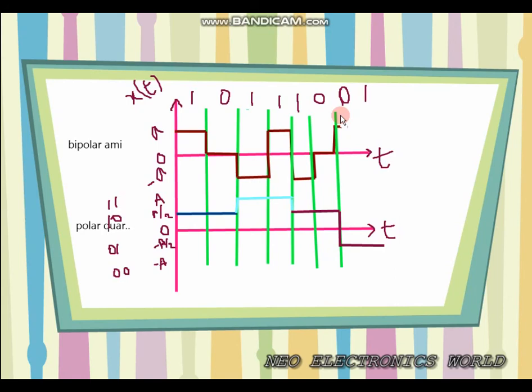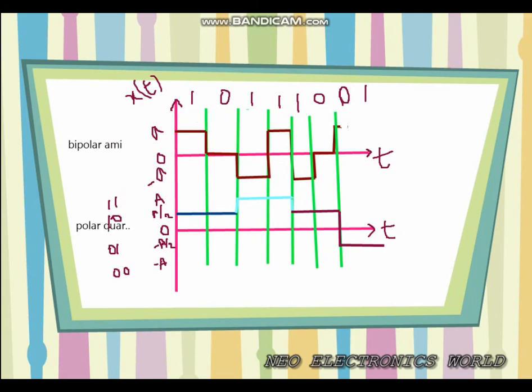From this you'll be able to write the power spectral density of the line codes. It's very easy. Just write the amplitude for getting 1 and the amplitude for getting 0 for the signal x of t. That denotation is known as the power spectral density of the particular line code.